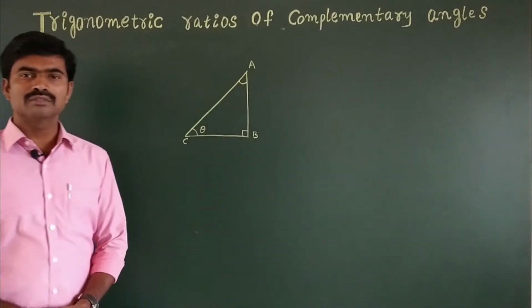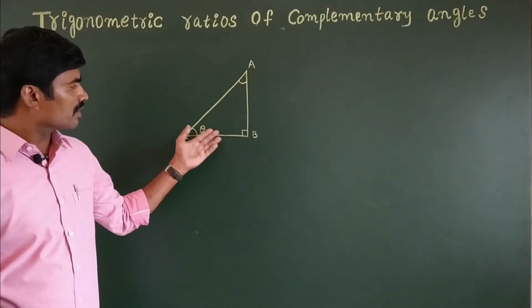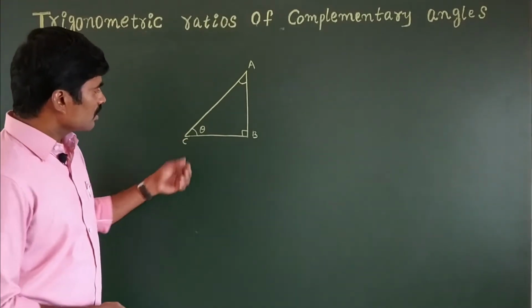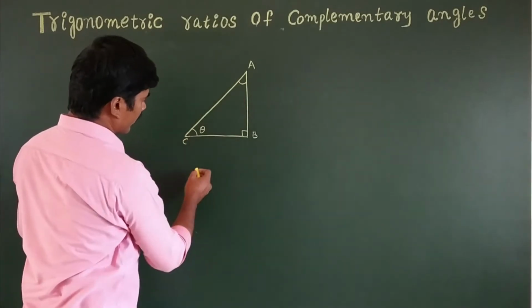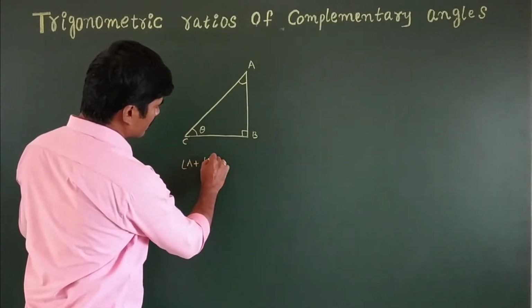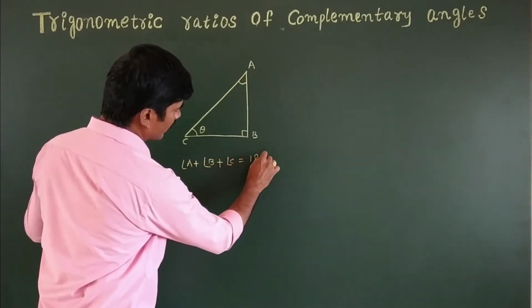By using the angle sum property of a triangle, the sum of all angles is 180 degrees. So angle A plus angle B plus angle C is equal to 180 degrees.